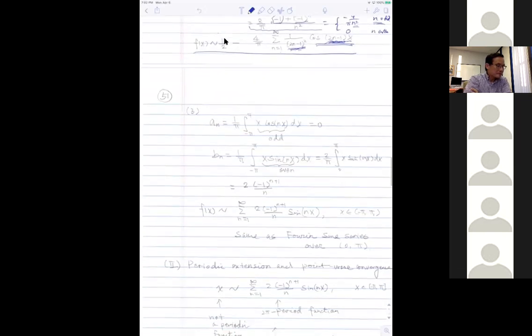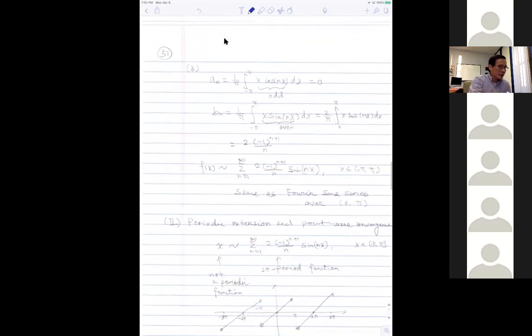Now, we now calculate the full Fourier series. In this case, f(x) is a0 over 2 plus the sum from n equals 1 to infinity of an cosine nx plus bn sine nx. And then the an's and the bn's are given by these formulas. an is given by this formula here.